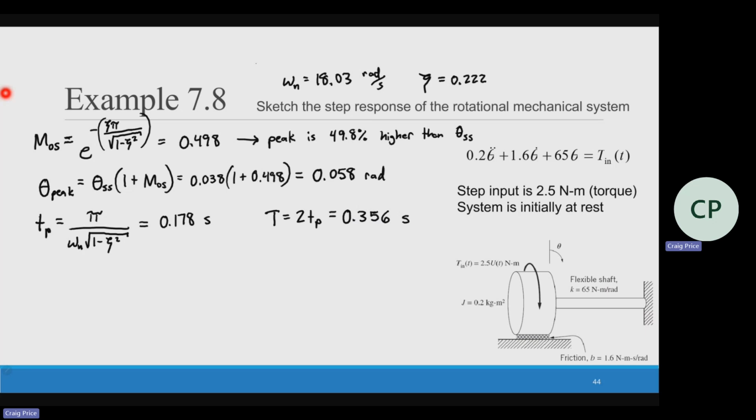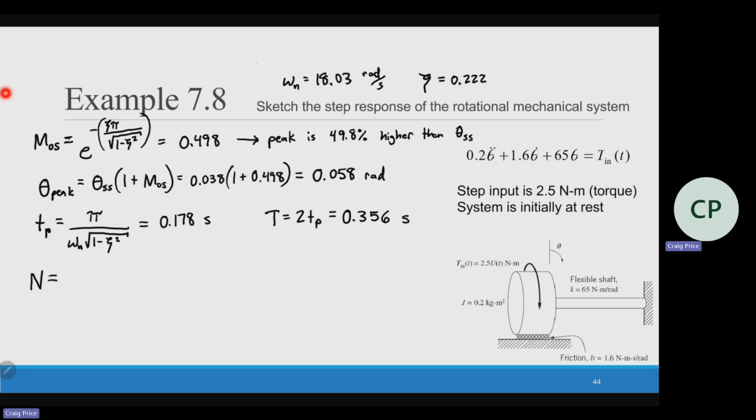Another thing that we could find, if I go down the list here, we could find the number of cycles. Now, I can kind of estimate number of cycles. If my period is 0.356 seconds, that's what it takes to go from one valley to valley. And then if my steady state happens at 1 second, that means my number of cycles is going to be a little over 2.5 or something. Because it's only going to go through about 2 point some cycles before we reach our steady state.